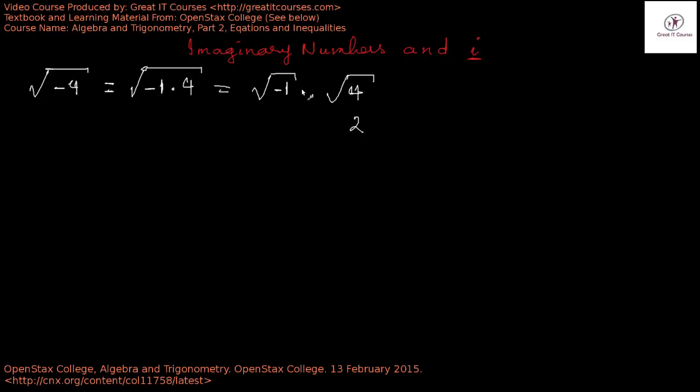So here, because we want to find a way to solve this problem, we can basically define the square root of minus 1, and I can call it i, and then I can write this as 2i, and now my problem is solved.